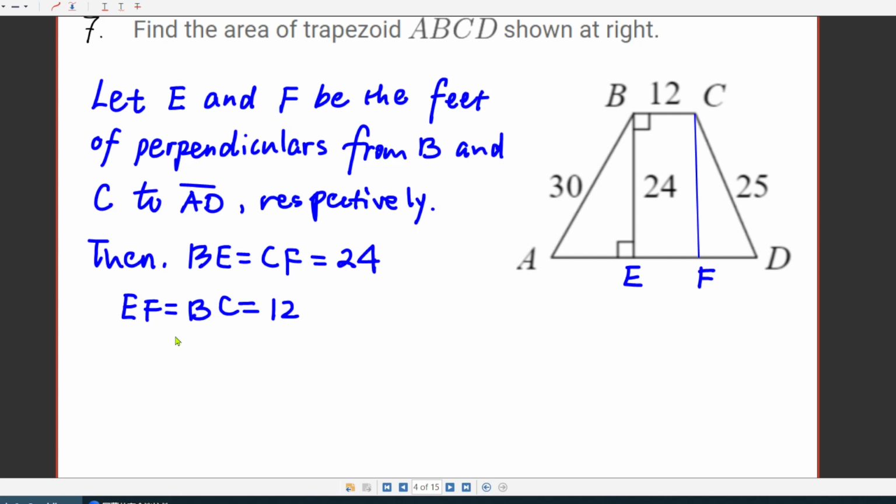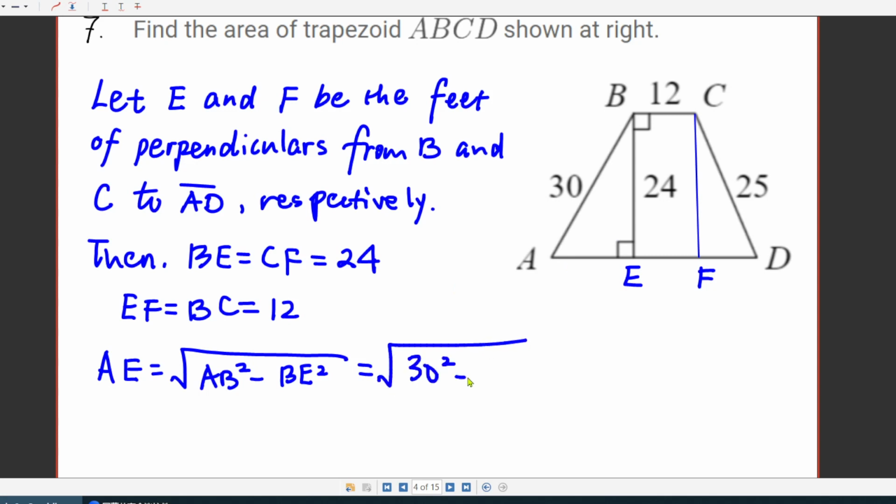And by using the Pythagorean theorem, we know that AE equals the square root of AB squared minus BE squared, right? Then we can find the length of AE, which is the square root of 30 squared minus 24 squared, that's the square root of 324, which is actually 18, right?